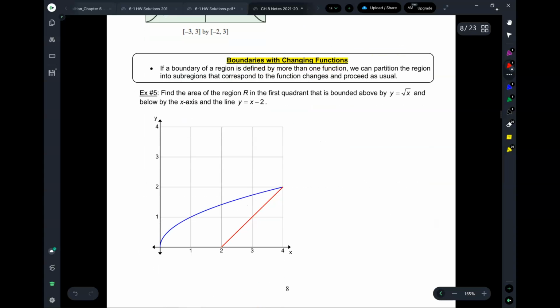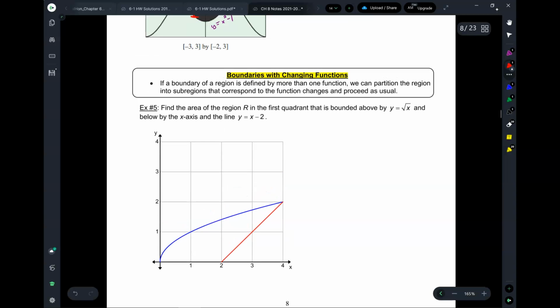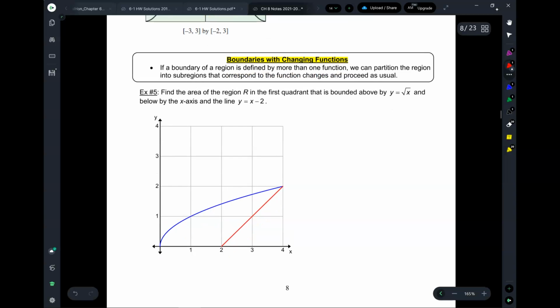Take a look at this. I need to find the area of region R, in the first quadrant, bounded above by y = √x, and below by the x-axis and y = x minus 2. So now my region is this. Is this the same as the ones before?